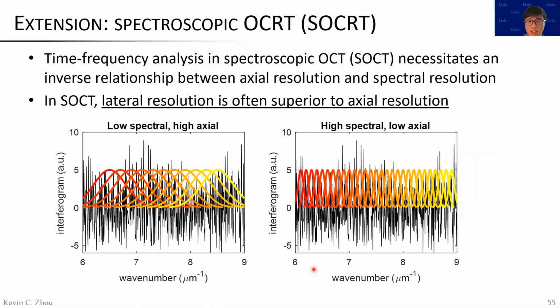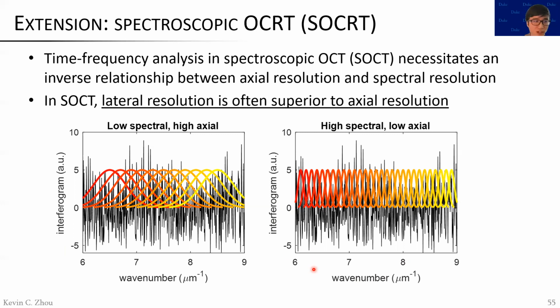Next, I'll talk about an extension of this work to spectroscopic OCT, or SOCT. In spectroscopic OCT, the anisotropy of the resolution is typically reversed, where the lateral resolution can be superior to the axial resolution. This anisotropy in SOCT derives from the spectral-axial resolution trade-off because of the time-frequency analysis required in SOCT, such as a short-time Fourier transform, which forces an inverse relationship between the axial and spectral resolution.